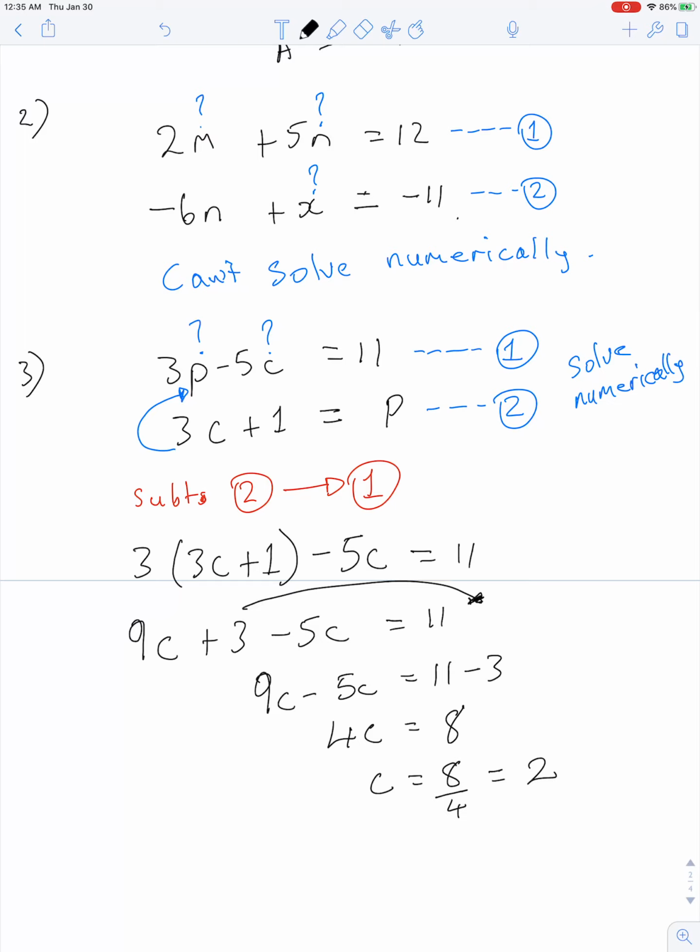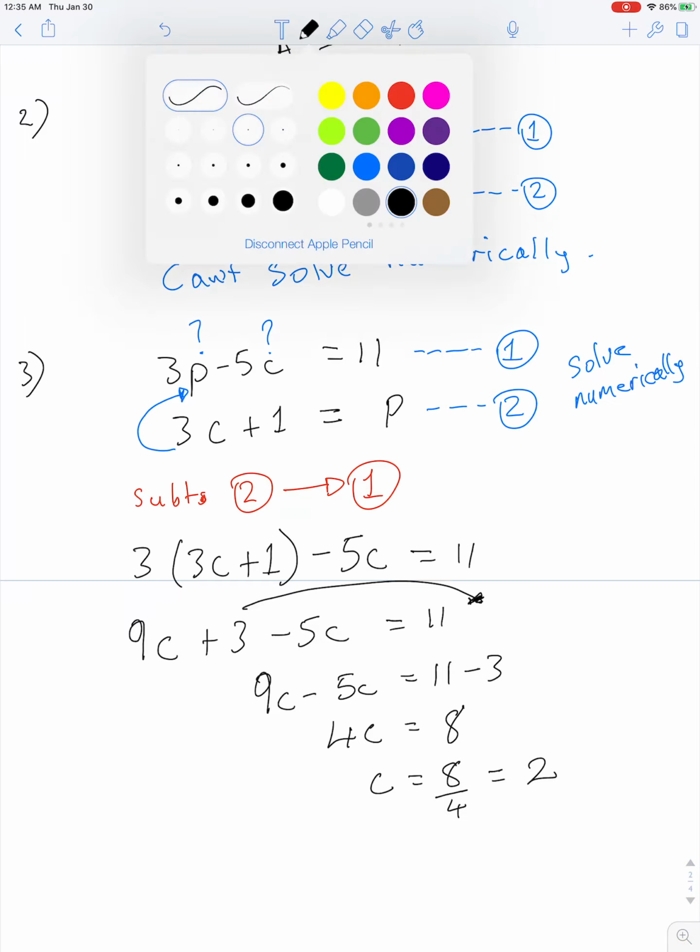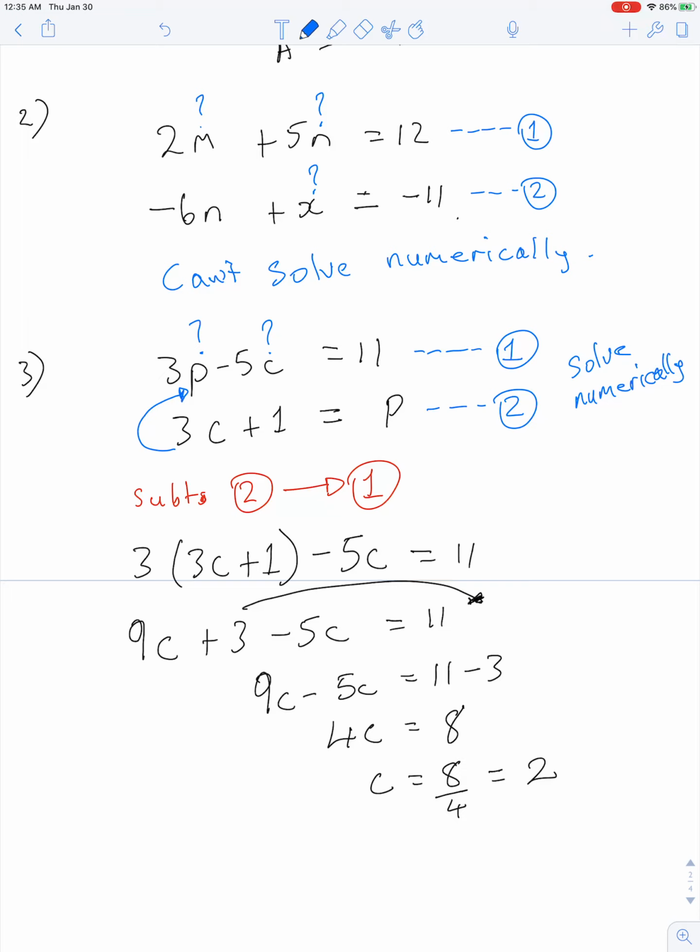So now we know the value of c. c is 2. So what do I do with that? All I do is substitute this into that. Because remember, we found c, so we substitute c into equation 2, and that should be able to give us the value of p.